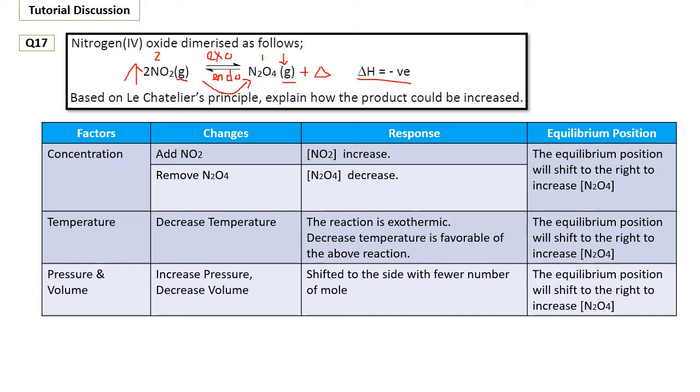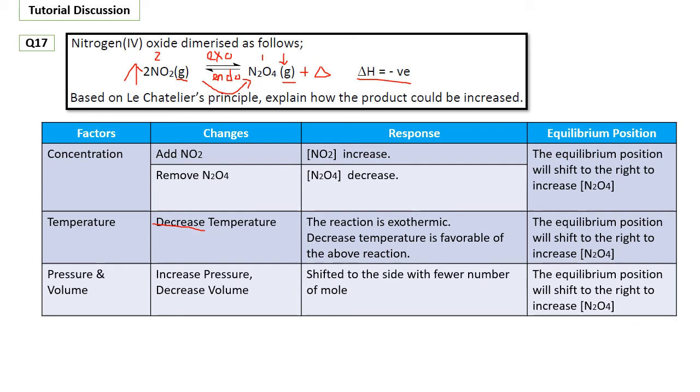Next, for temperature, since this forward reaction is exothermic, and the exothermic reaction favors low temperature, we need to decrease the temperature. Okay, because the exothermic reaction favors low temperature. So the equilibrium position will shift to the right to increase the concentration of N2O4.